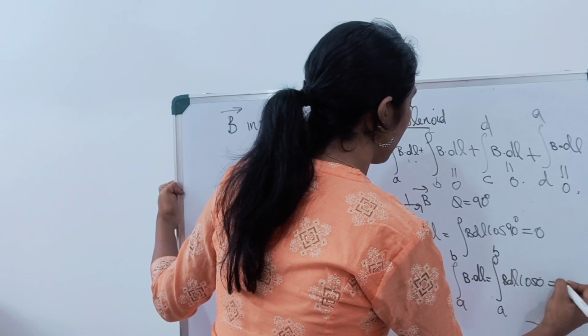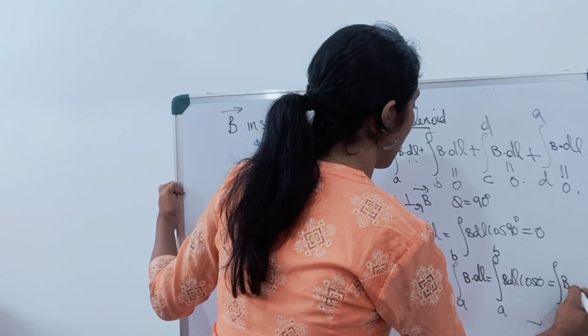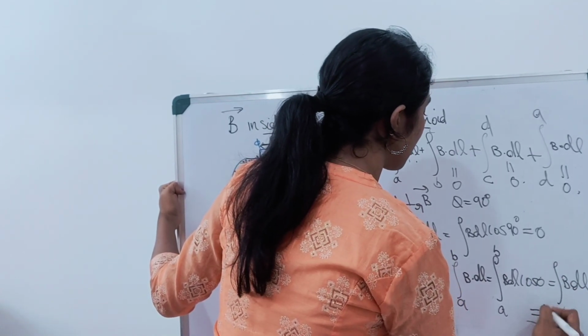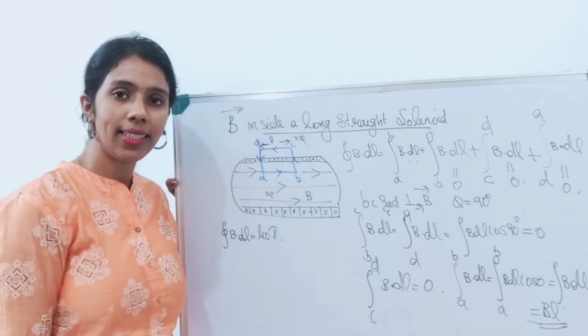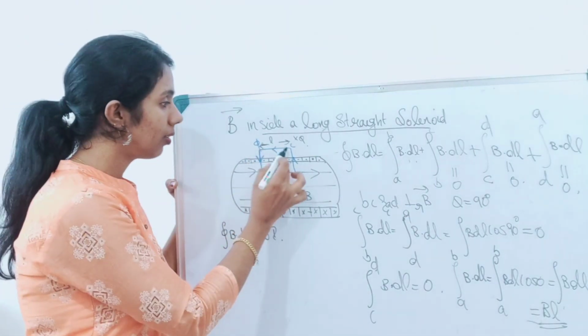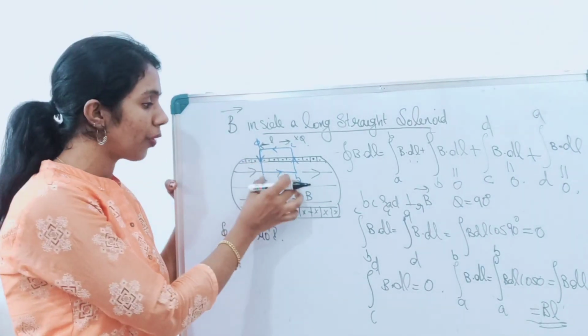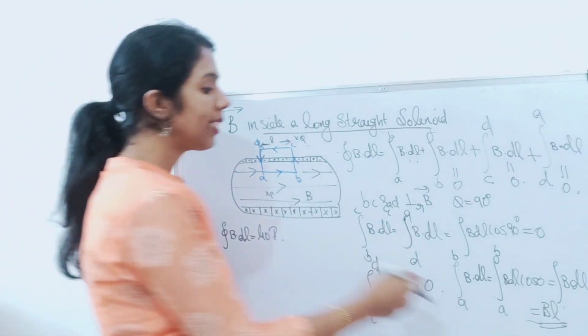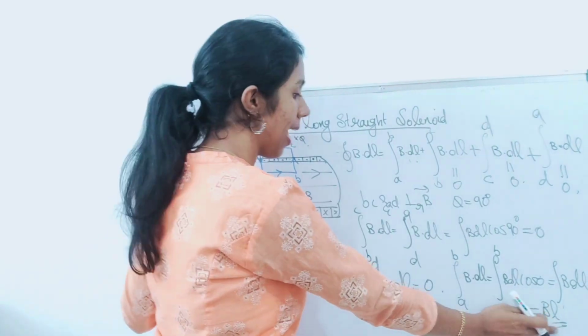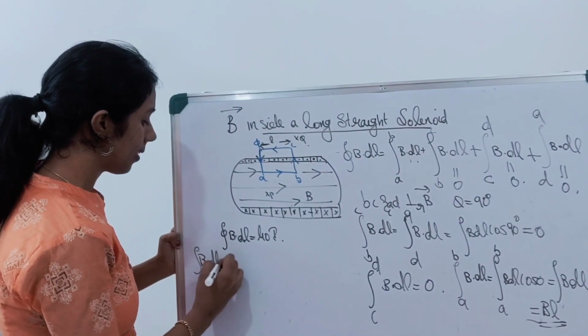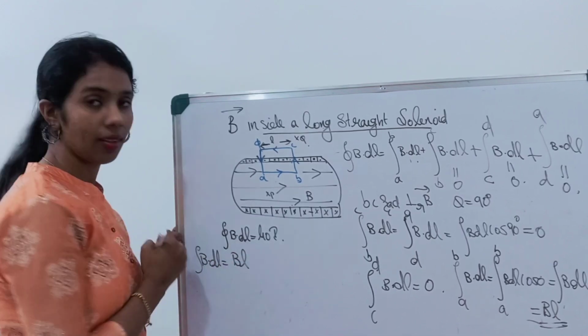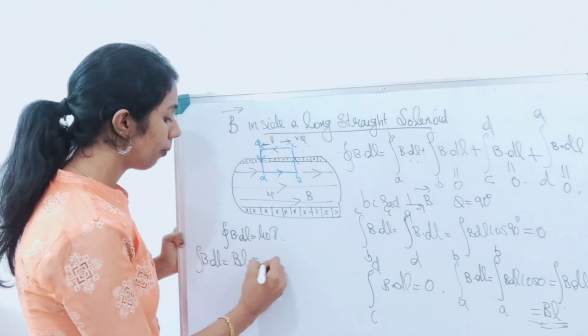So the equation becomes B times the integral of dl, and the length of AB is L. So the integral of B dot dl is equal to BL, equal to mu 0 I.